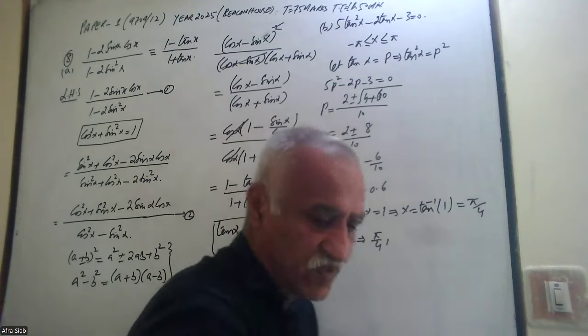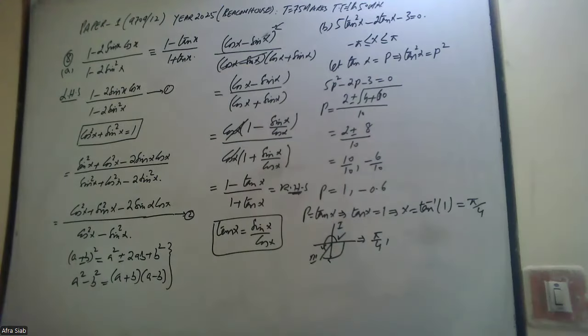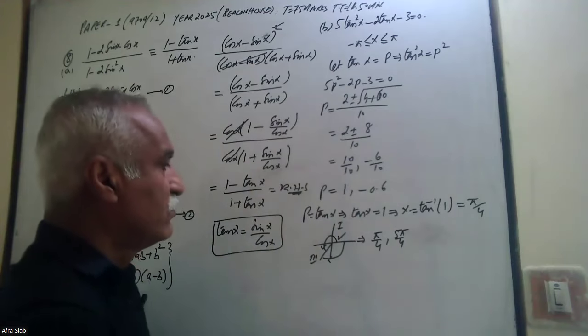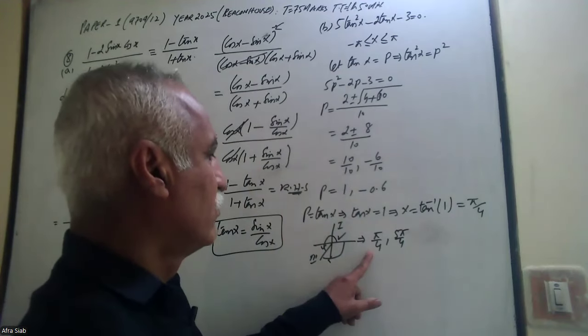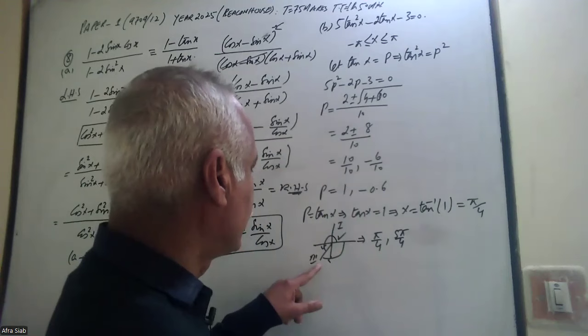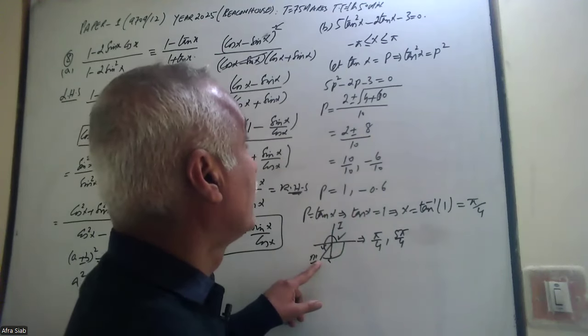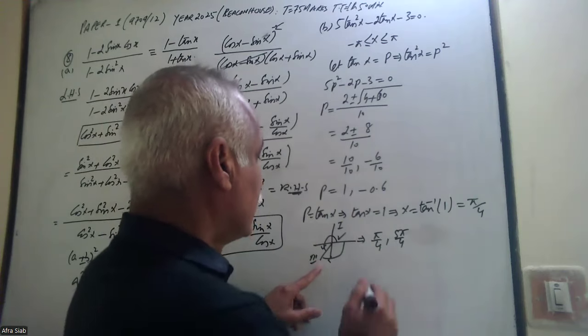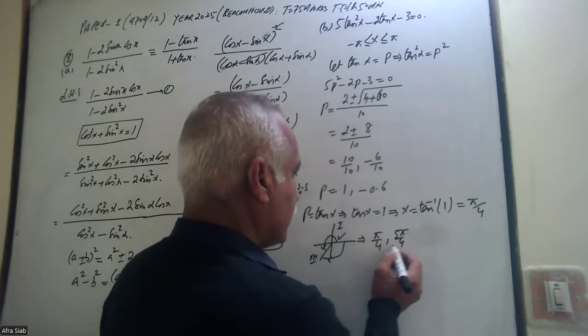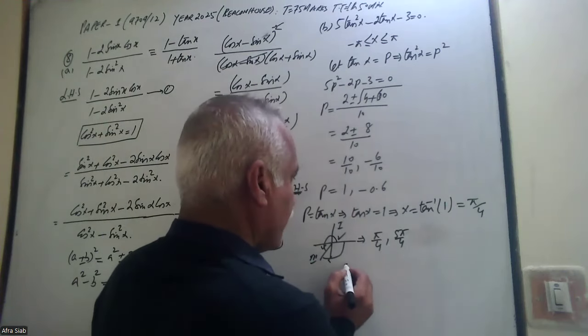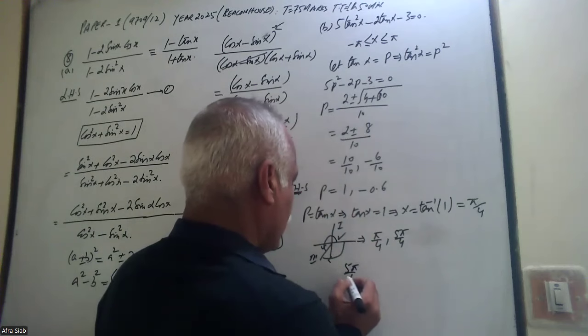One value is already accepted there, pi by 4, but this 5 pi by 4, which is in this part, is not accepted because it is out of the range, so we have to bring it into the range. So this value will become 5 pi over 4.